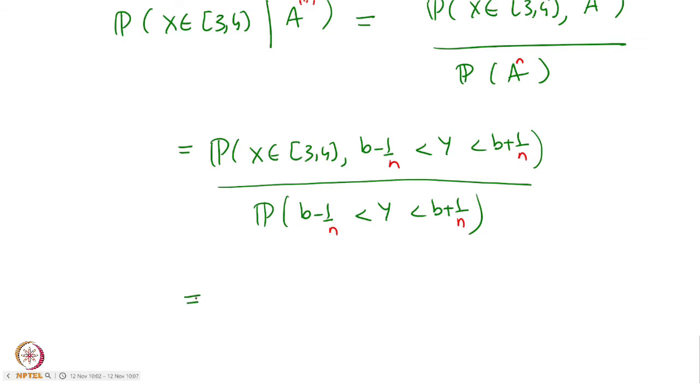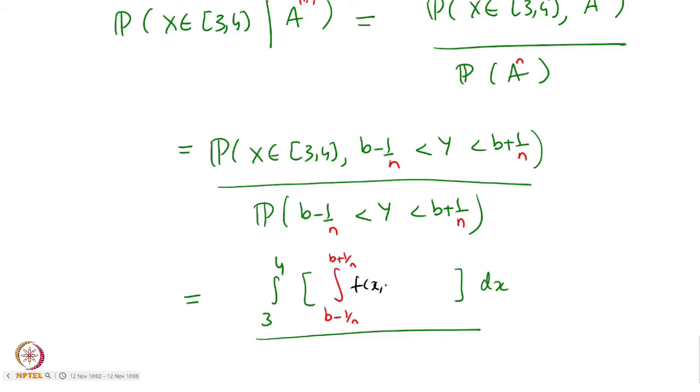This is just the same as I write this as the integral from 3 to 4, in green, and then I have a dx on the outside. And inside, what will I have? I'll have the integral from b minus 1 over n to b plus 1 over n of f at the point x comma y, with a dy first.